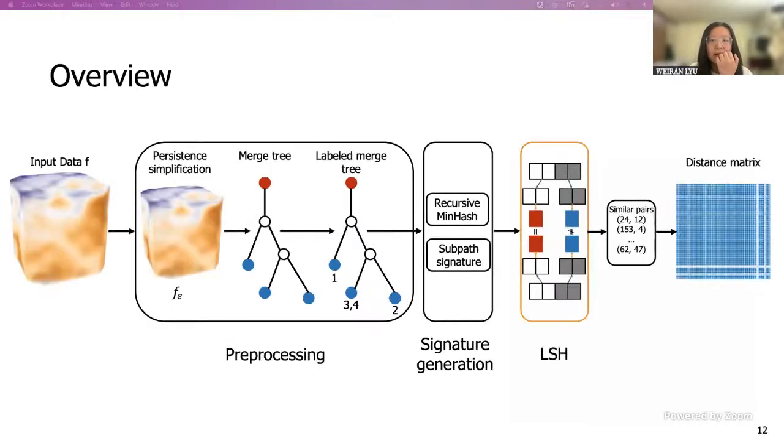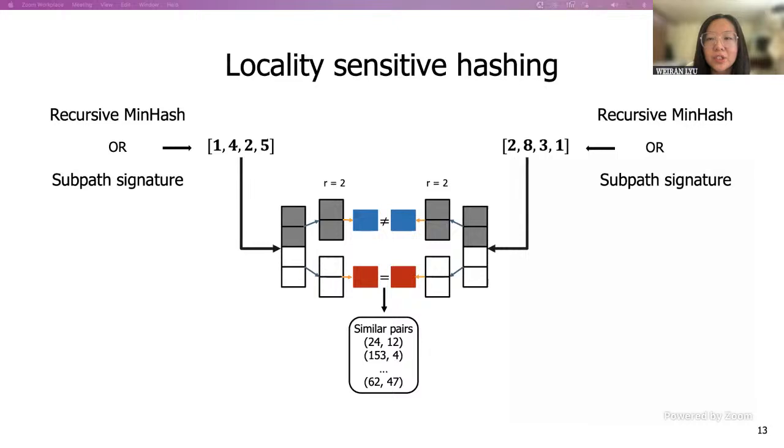Now let's see how to turn a signature into a distance matrix using locality-sensitive hashing. To compare the signatures that represent merge trees, we divide them into bands, each with length r. LSH is applied to individual bands, so similar pairs are determined based on signature collision in any band. A match between merge trees requires that for at least one band, all its rows are matched.